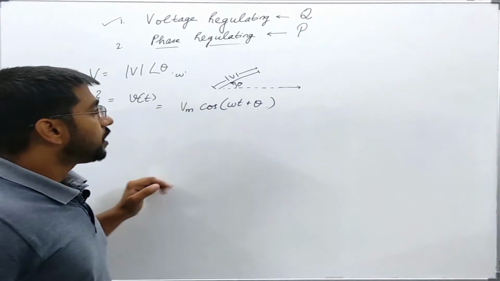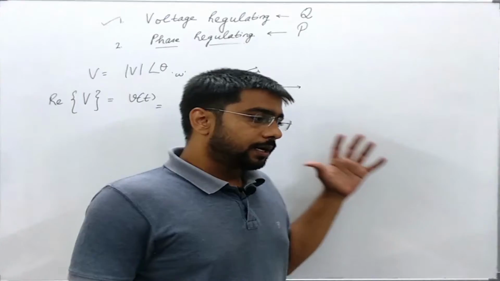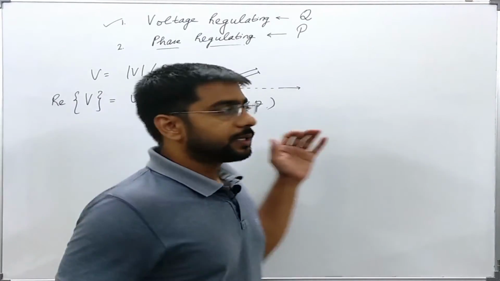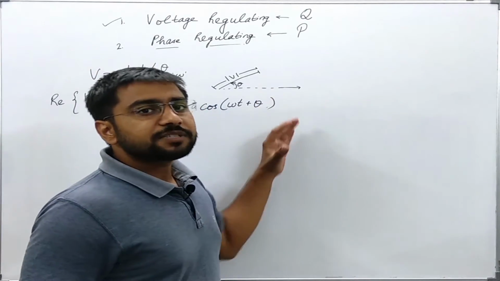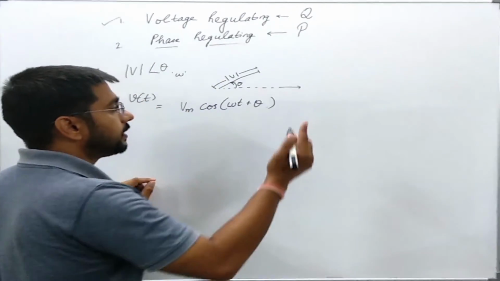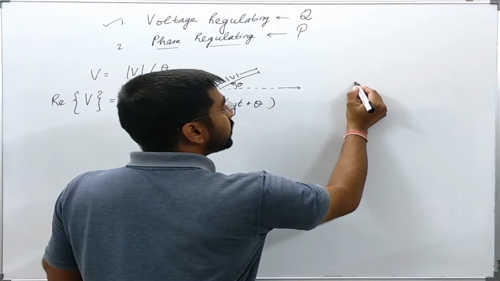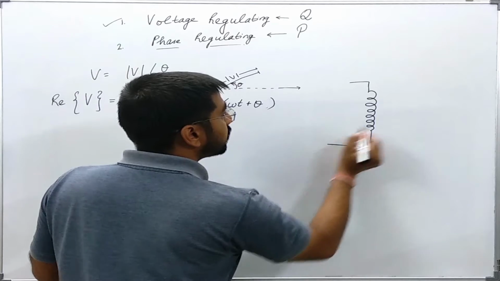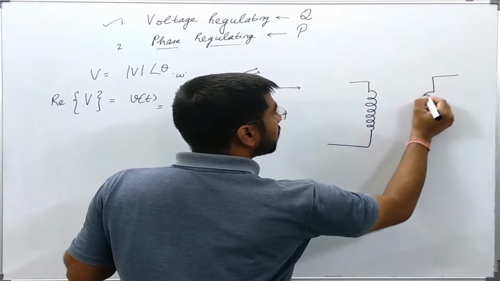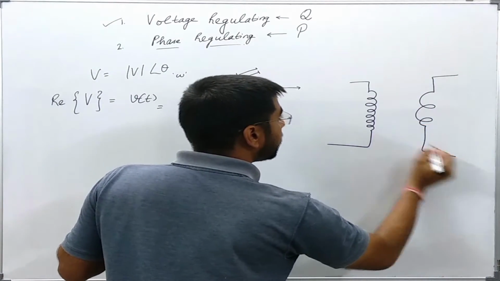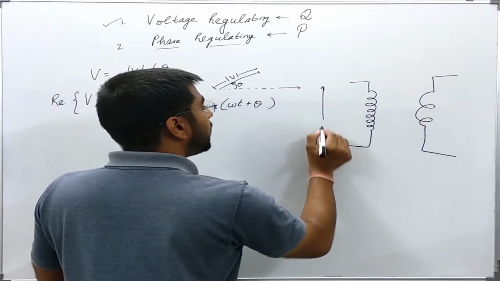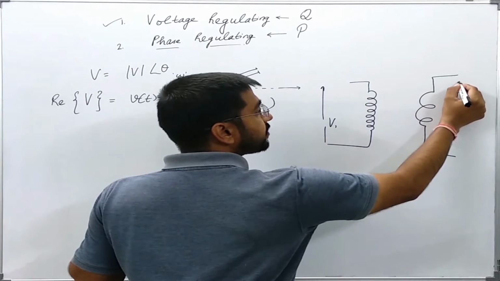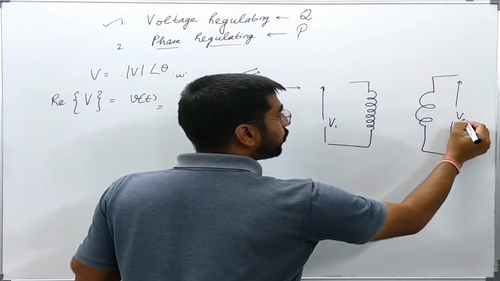Okay, now usually we see that transformers are used for changing the voltage magnitude. That is, let us say this is a transformer, and here let us say this is the voltage magnitude V1 and this is the voltage magnitude V2.